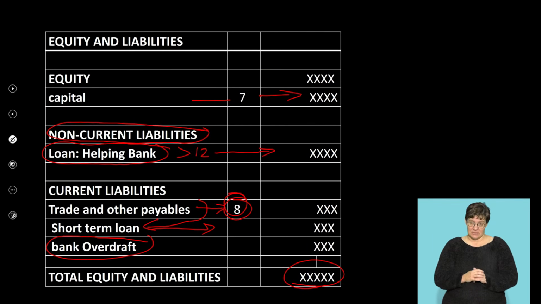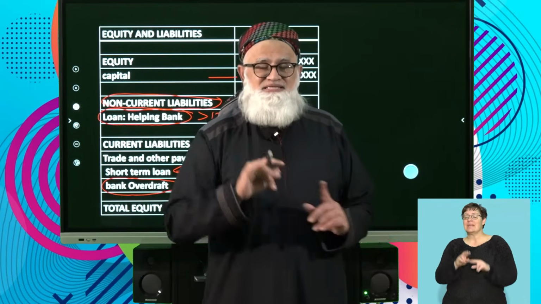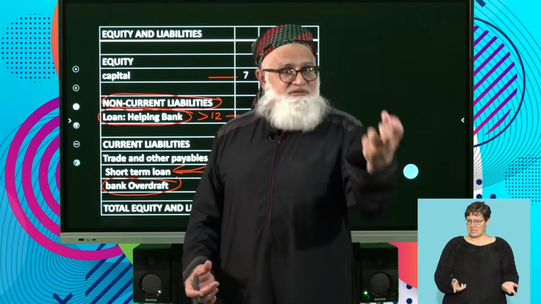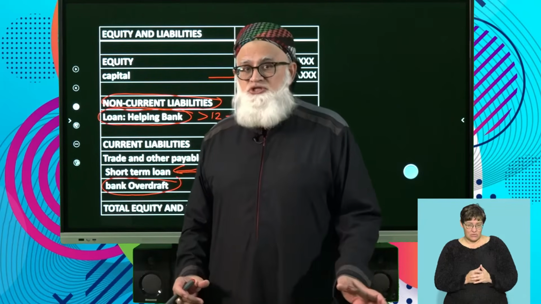Right, so what type of account is bank? The question is, what type of account is bank? The answer is, it depends on whether bank has a debit balance, favorable, or it has a credit balance, in overdraft. Got that? So don't make any assumptions.